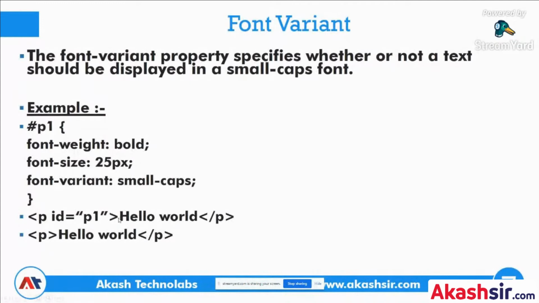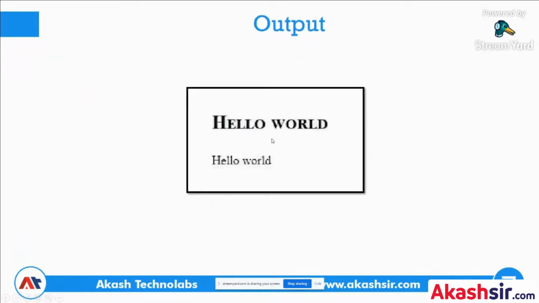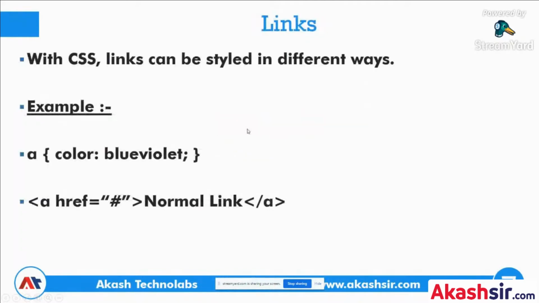So here you can see it's a normal font, that is a P tag, right? But if I specify the ID over here, you can see the difference between these two. It's a capital one, but it's a small one, right? Okay. So links, you know very well, whenever you are defining a link in your website, for example hyperlinks, by default it will display a blue color.